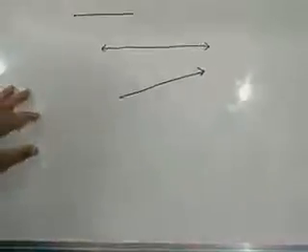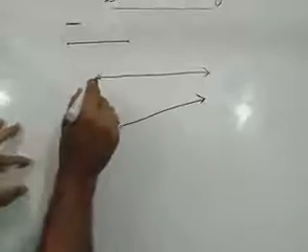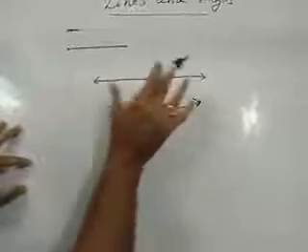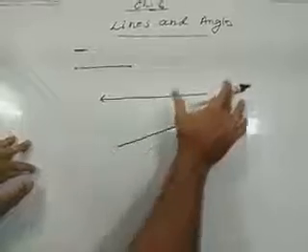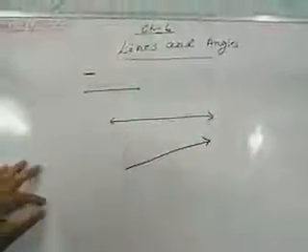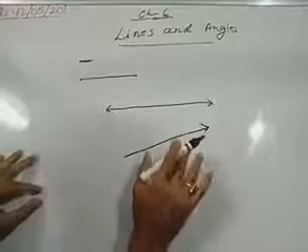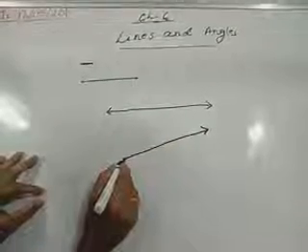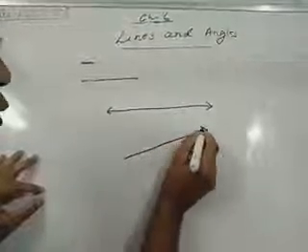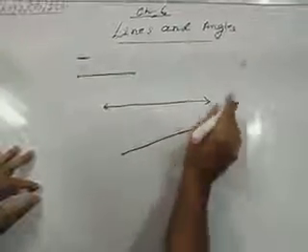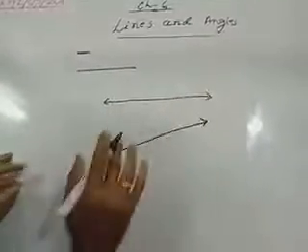So how do we define it? A line is a combination of points which can extend in both directions up to infinity. And a ray is also a combination of points, but one point is fixed and through the other point it can extend. So this is the ray.